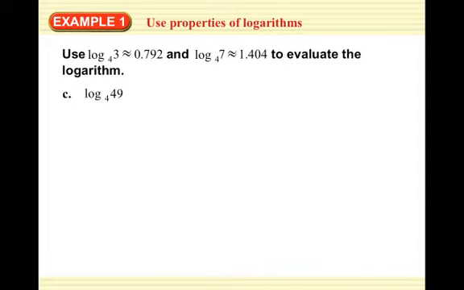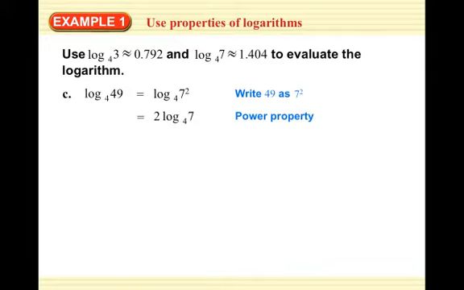All right, now we're going to do the same thing with log base 4 of 49. Well, 49 is 7 squared, so this is equal to the log base 4 of 7 squared. We can use our power property to bring that 2 forward, and so we have 2 times the log base 4 of 7.